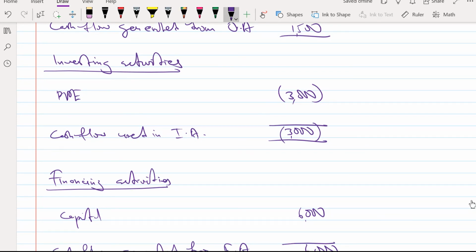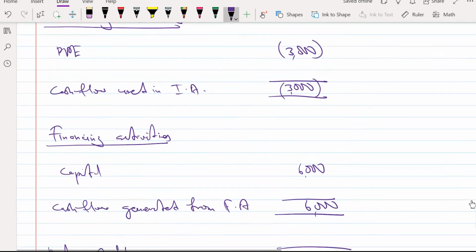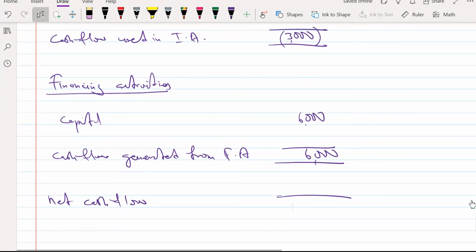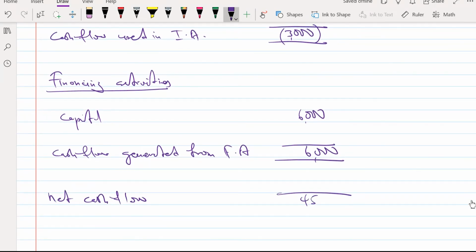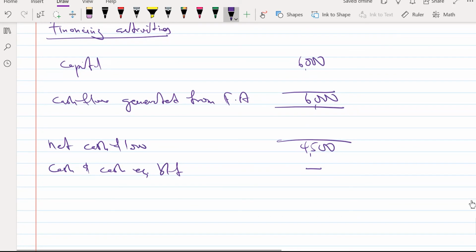So we have 1,500 plus 6,000, that's 7,500. 7,500 minus 3,000 will give us 4,500. Cash and cash equivalent brought forward is actually nil because we are starting the business today, and we have cash and cash equivalent carried down to be 4,500.